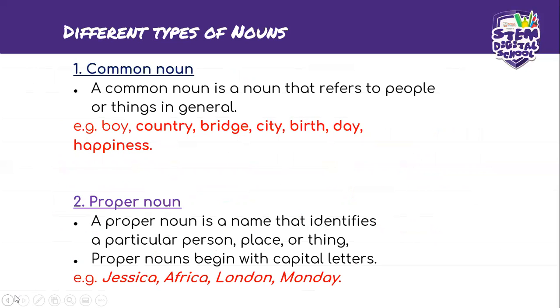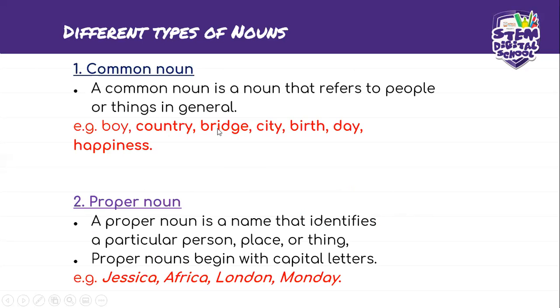Okay, so now we are on to the different types of nouns. Number one is the common noun. A common noun is a noun that refers to people or things in general. Here are some examples: boy, yes, a boy is a common noun.